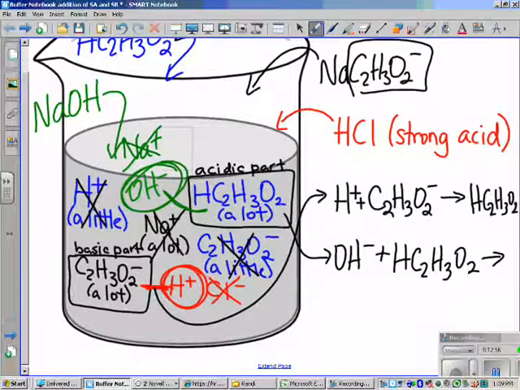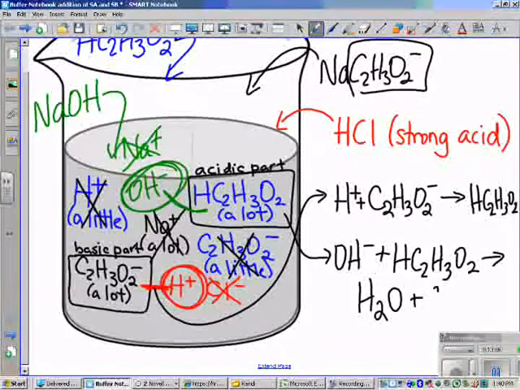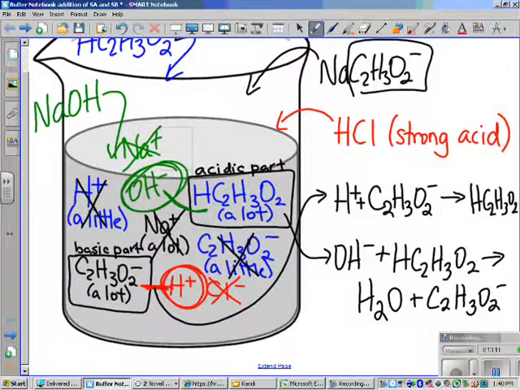So the acetic acid is going to give the OH minus an H plus. If you put H plus with OH minus, you just get H2O. And now the acid has lost its H plus. Just become acetate ion. So we have just made more of the basic part of the buffer.